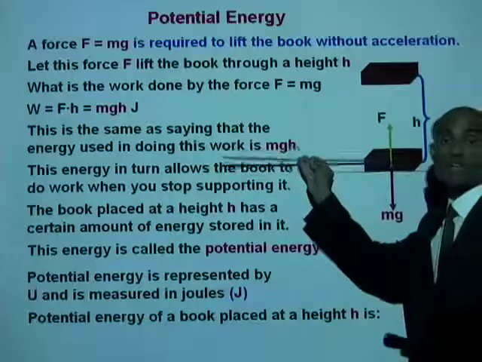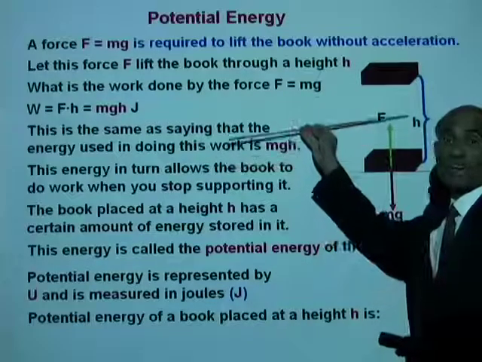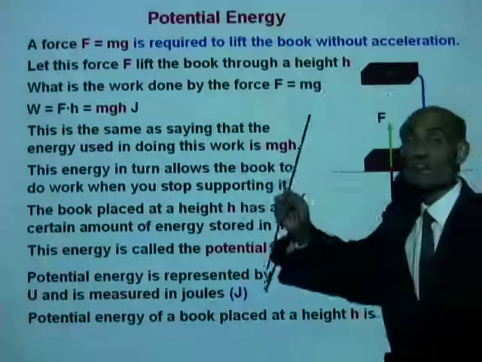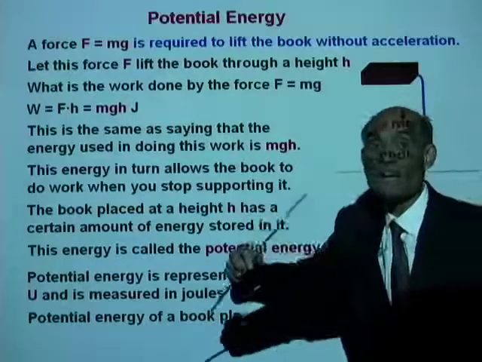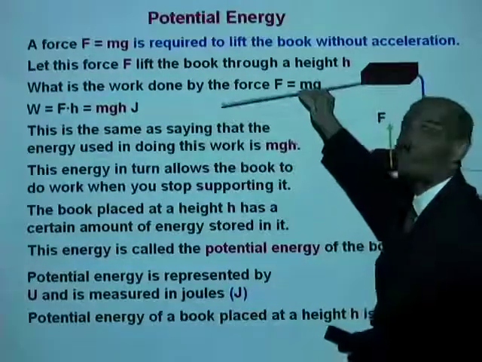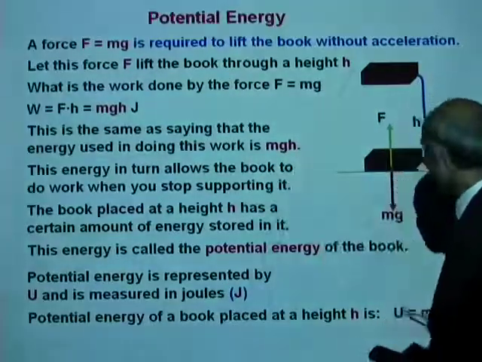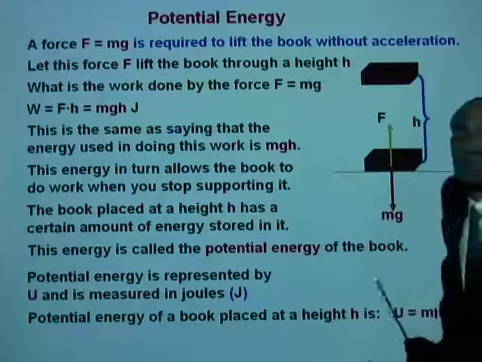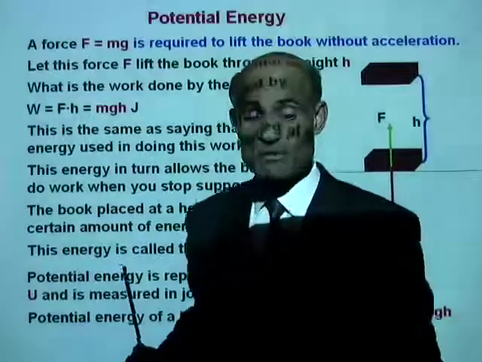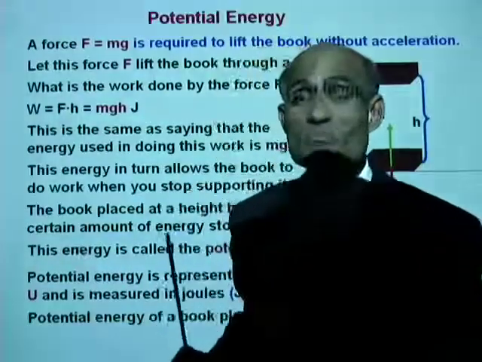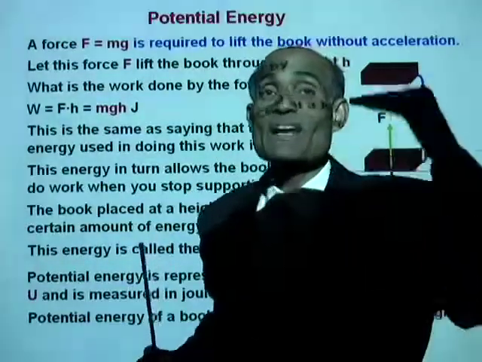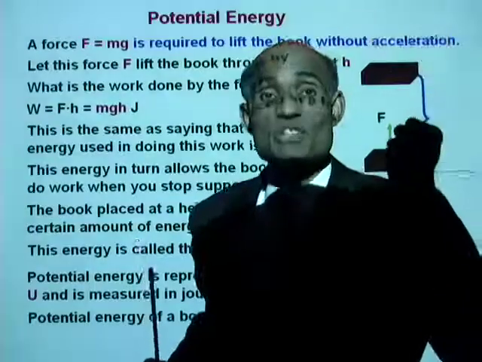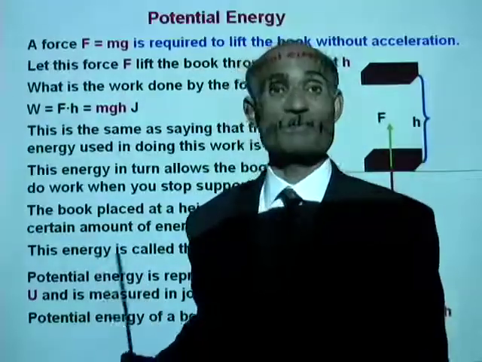The potential energy of a book placed at a height h is a measure of the work done in order to place it at that height. And that is U equal to mgh. In fact, the potential energy of any object that is placed at a height h is mgh.